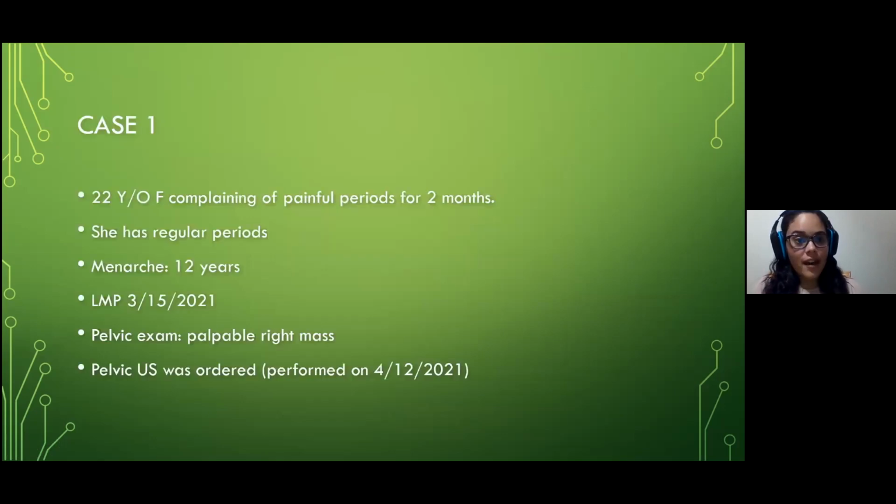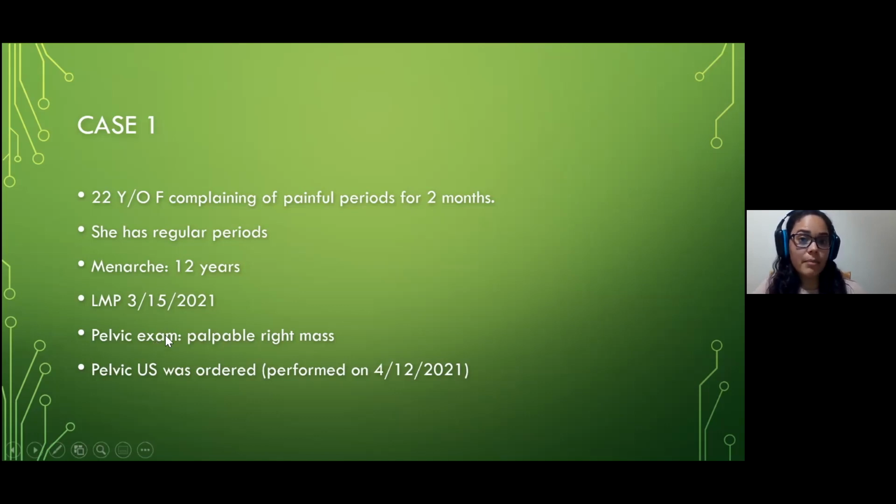Case one is a 22-year-old female complaining of painful periods for 2 months. She always has regular periods, but for 2 months they became increasingly worse in terms of pain. Menarche was at 12 years, and her last menstrual period was in March.